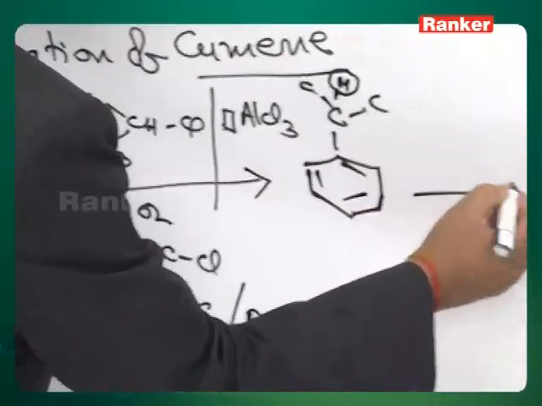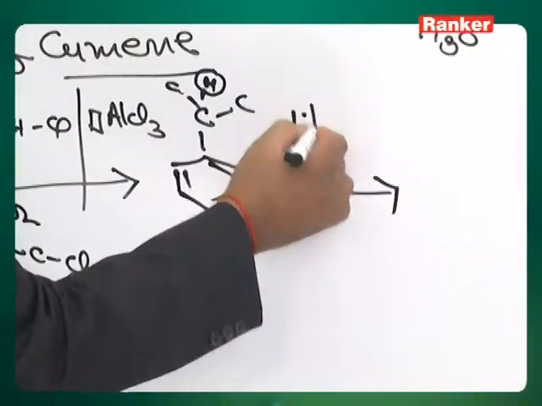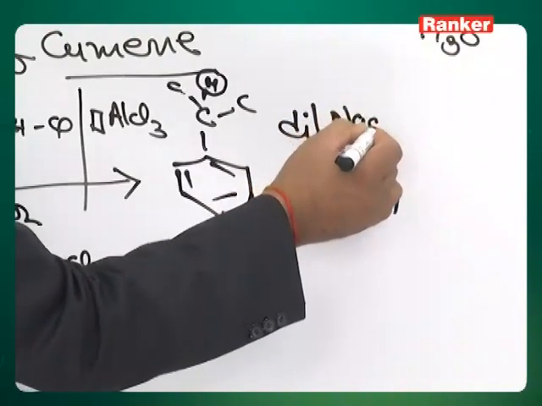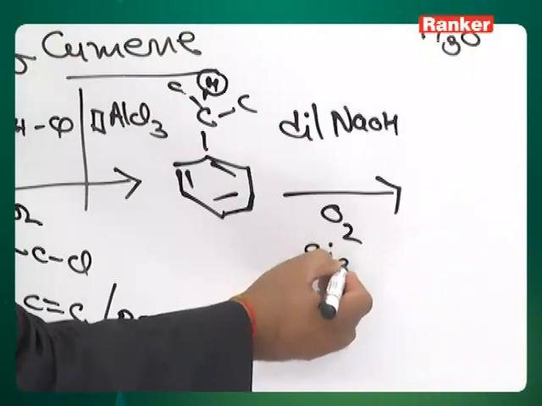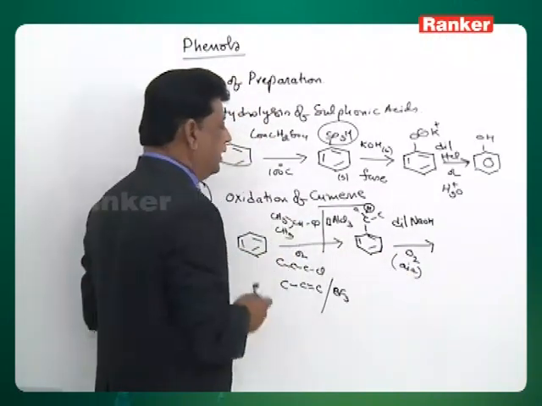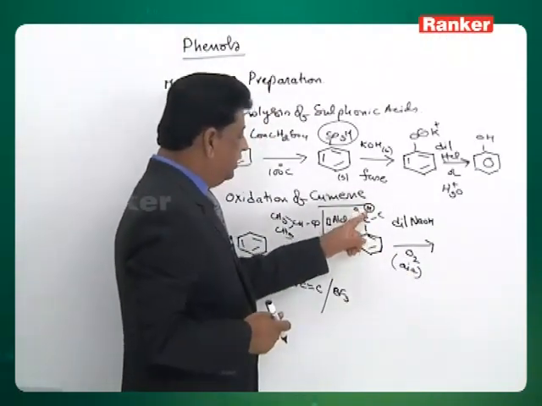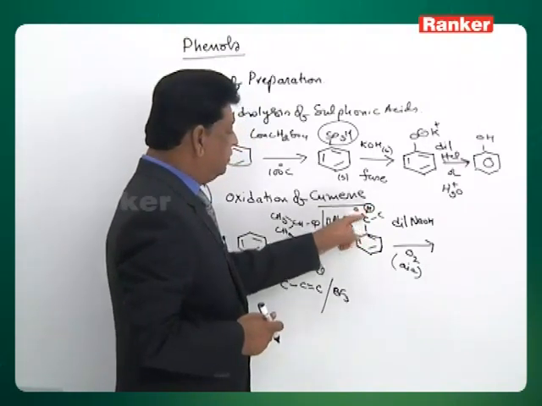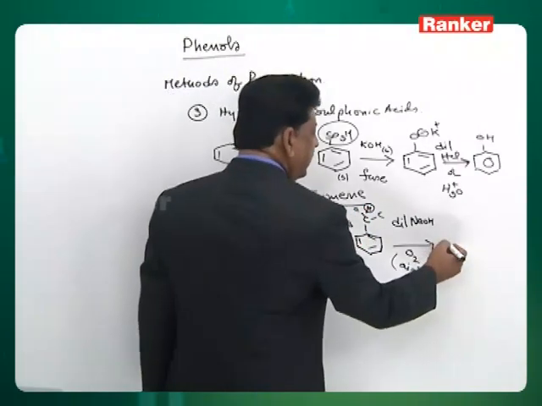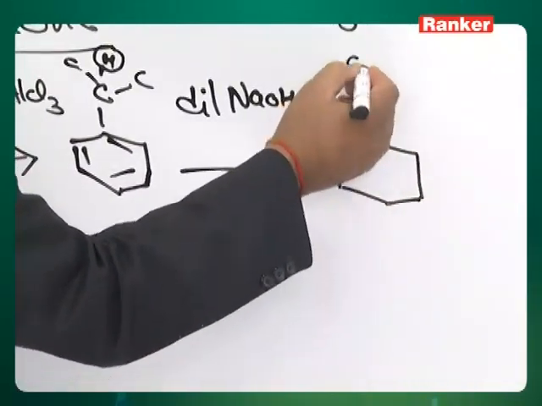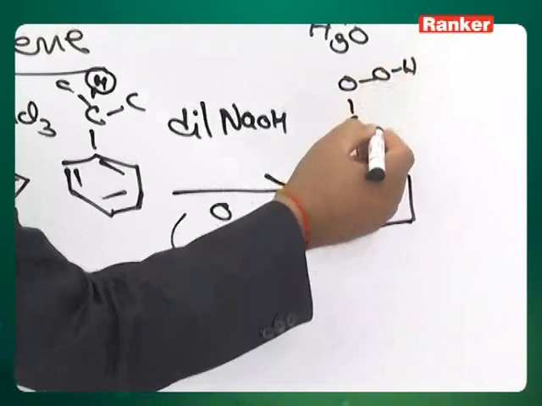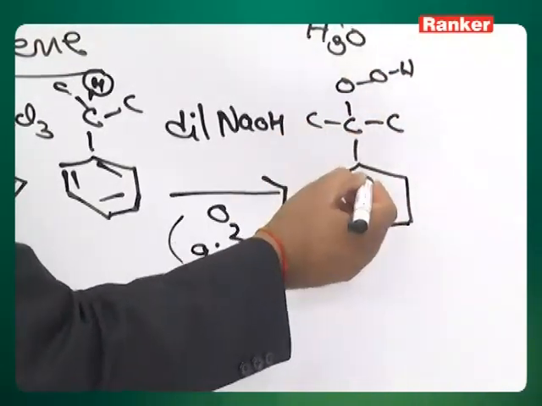When this cumene is treated with dilute sodium hydroxide, pass the atmospheric air through it, the oxygen will insert into that 3 degree carbon-hydrogen bond. So you will get a carbon with OOH. This is called peroxy bond formation.